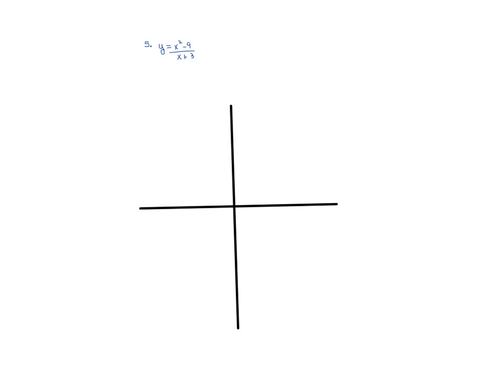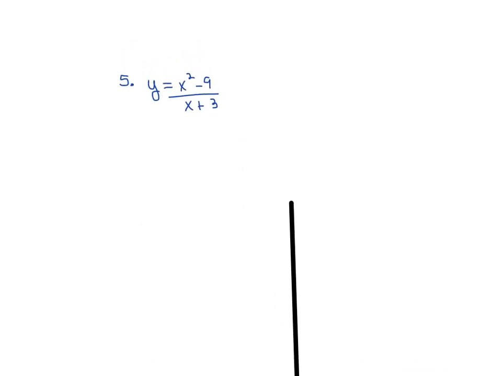Okay, we have one more example. So notice for this one, I'm going to go ahead and factor the numerator, and that'll become x plus 3, x minus 3 over x plus 3. Now, this one's a little different. Notice after I factor this, I can actually cancel the x plus 3's.